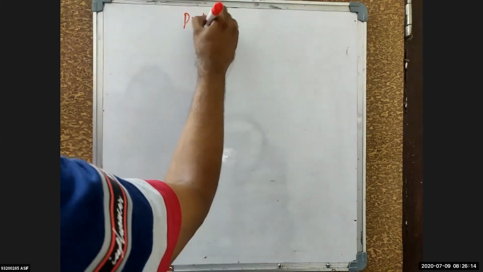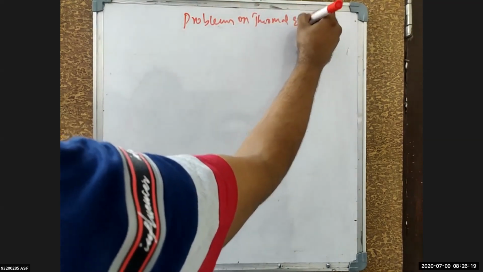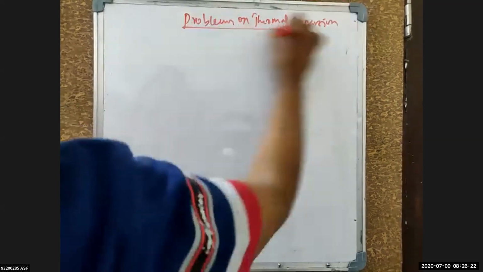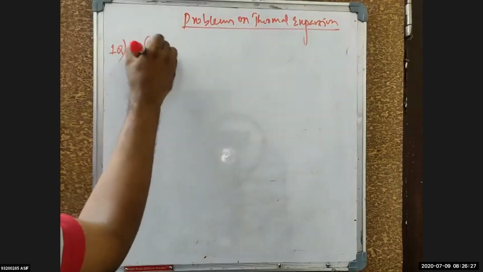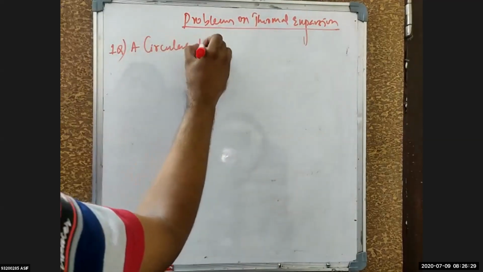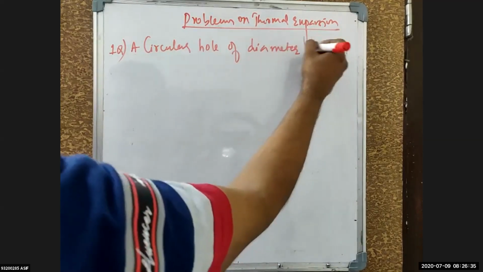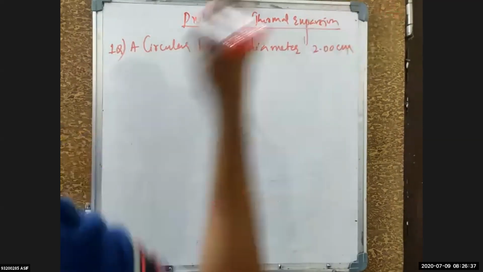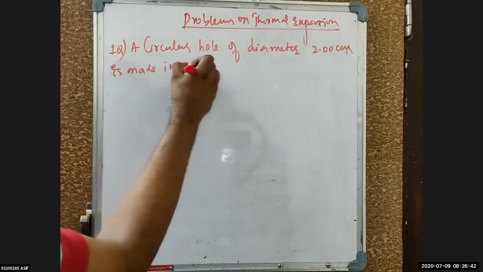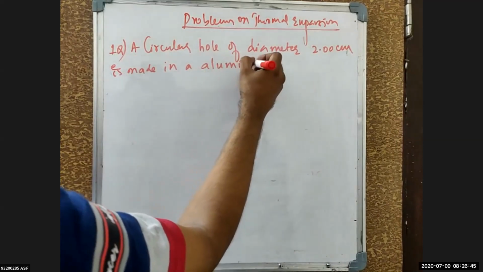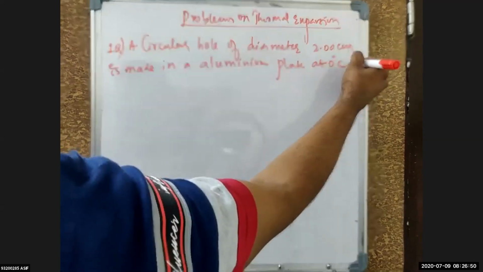Keep the heading there, beta: Problems on thermal expansion. So the first question says, a circular hole of diameter 2 centimeter is made in an aluminum plate at 0 degrees centigrade.